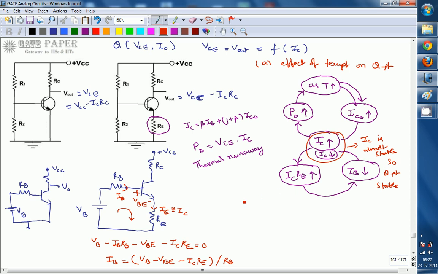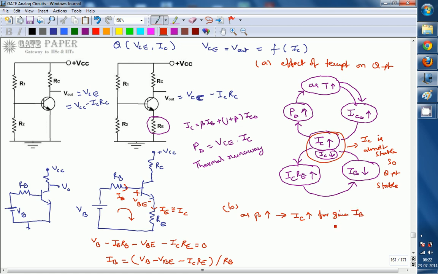Now we go for the beta variations, the second case. Beta is nothing but the common emitter short circuit current gain. As beta increases, for a given IB, IC increases.